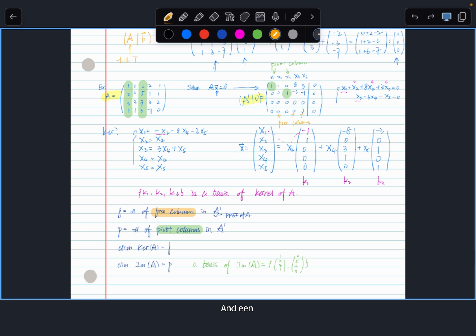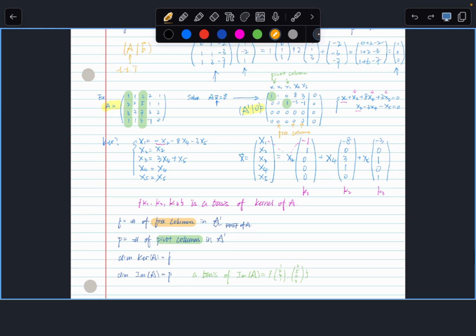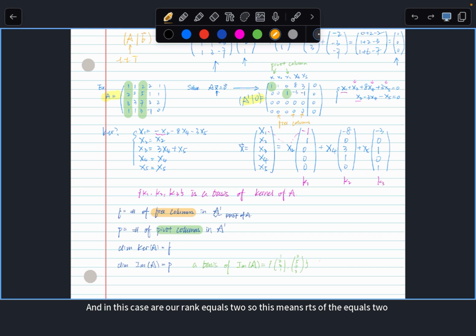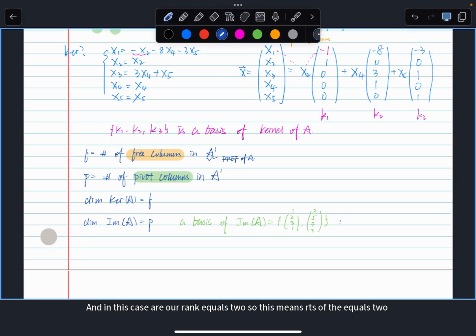And in this case, our rank equals 2. So this means rank of A equals 2.